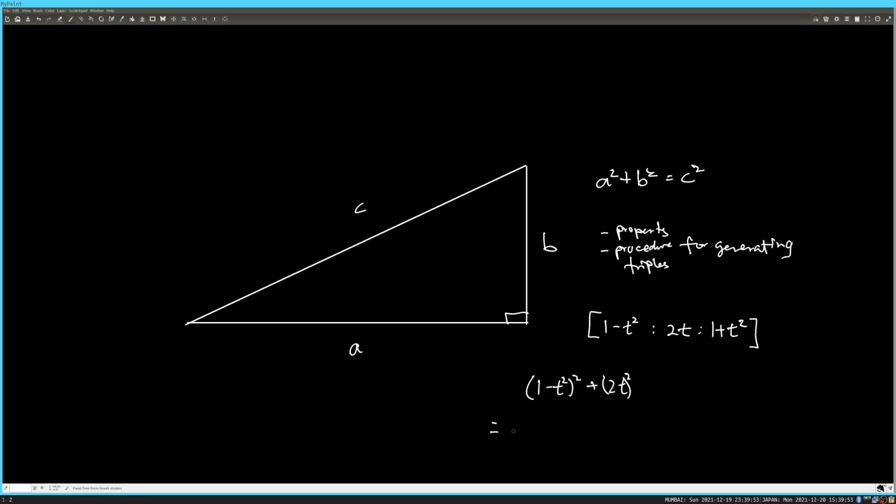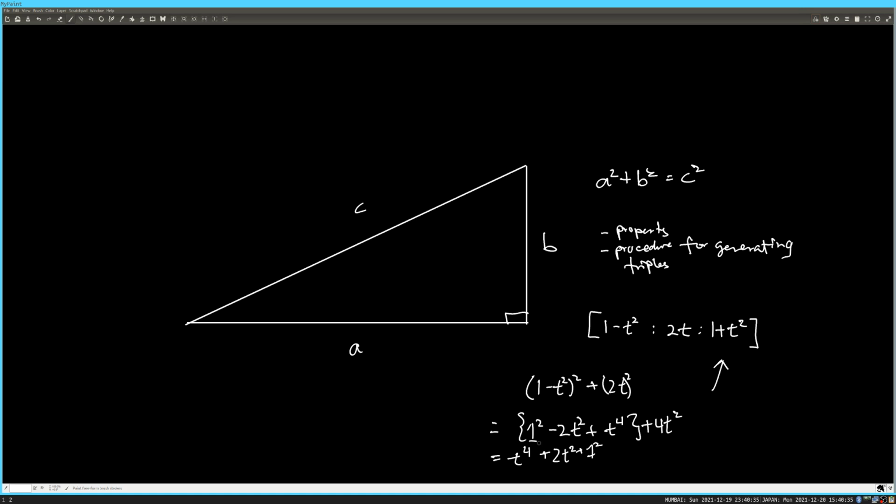This first one will be 1 squared minus 2t squared, plus t to the fourth, plus 4t squared, which is, of course, t to the fourth plus 2t squared plus 1. And I can already tell you that if you expand that, you'll get the exact same thing.